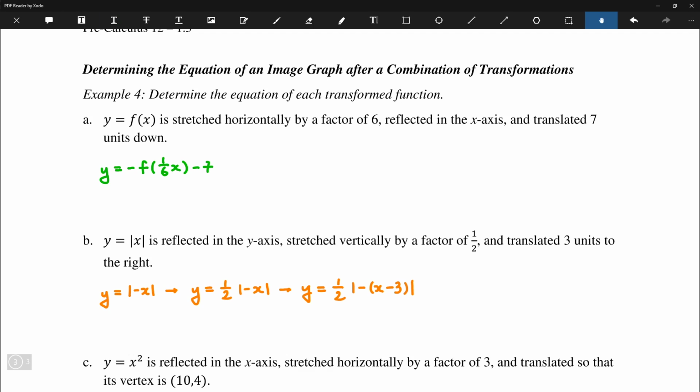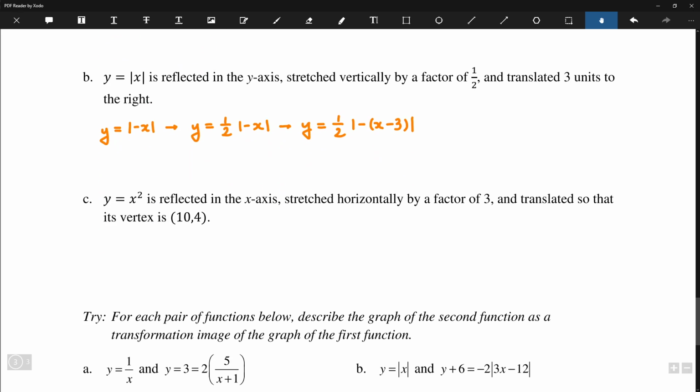Okay, one more. Let's see here. We have y equals x squared reflected in the x-axis, stretched horizontally by a factor of 3, and then translated so that the vertex is 10, 4. So that means right 10, up 4.